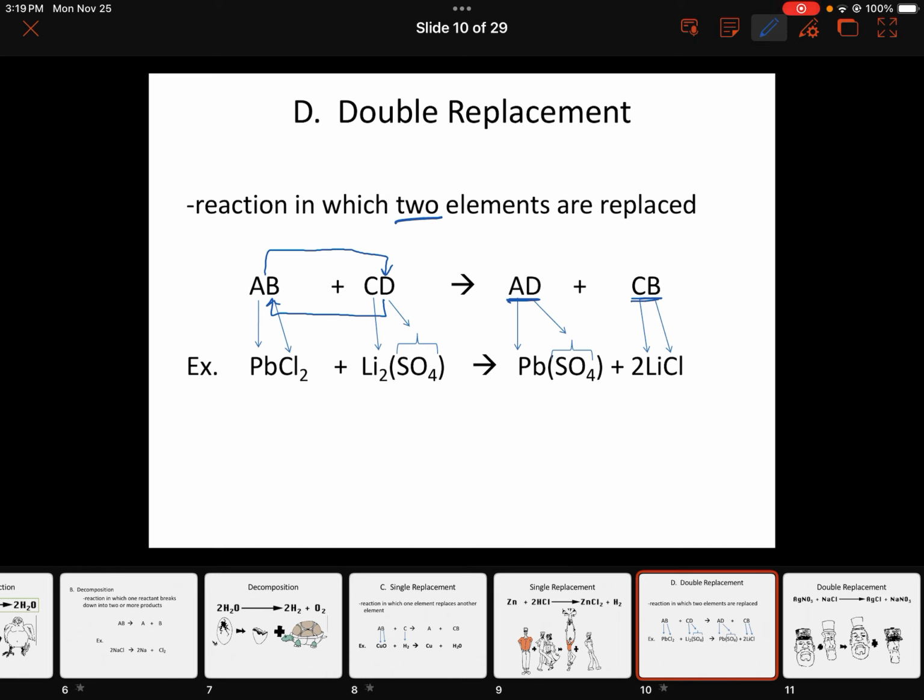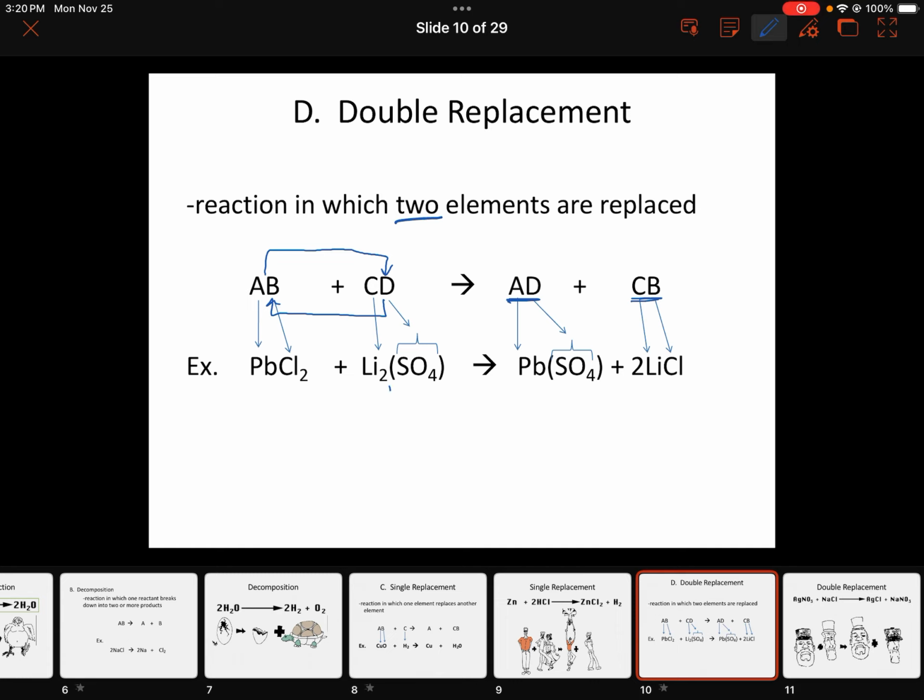And again, this one's really busy. There's a lot of stuff going on, but notice A and B, we have lead chloride, PbCl is lead chloride, and then we have lithium sulfate. Again, this is a really busy reaction, but by the end of the unit, it will make sense, so don't get too overwhelmed if you are currently confused.